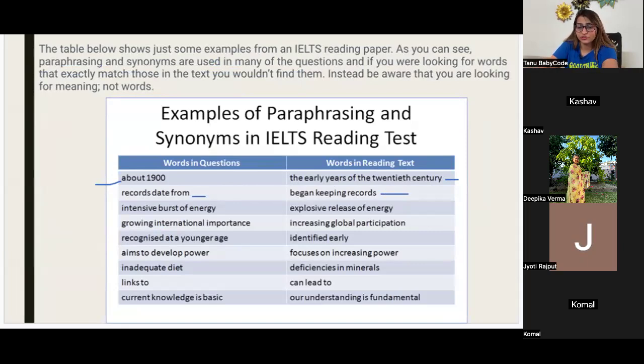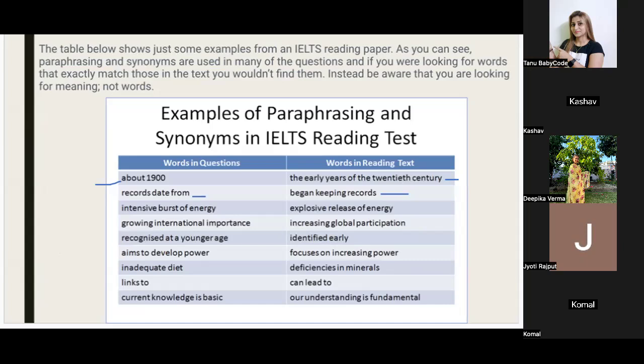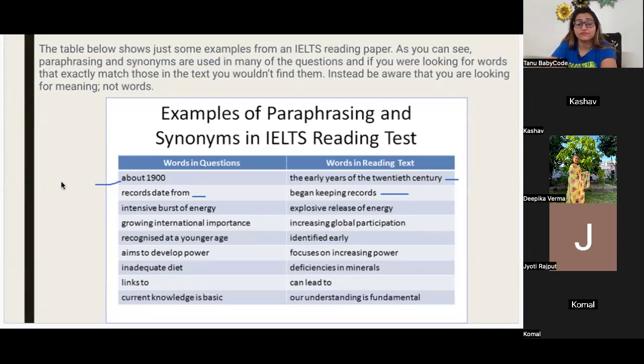Intensive burst of energy, explosive release of energy, growing international importance, increasing global participation, recognized at younger age, identified at early age, aims to develop power, focus on increasing power, inadequate diet, deficiency in minerals, links to, can lead to. Current knowledge is basic. Our understanding is fundamental.